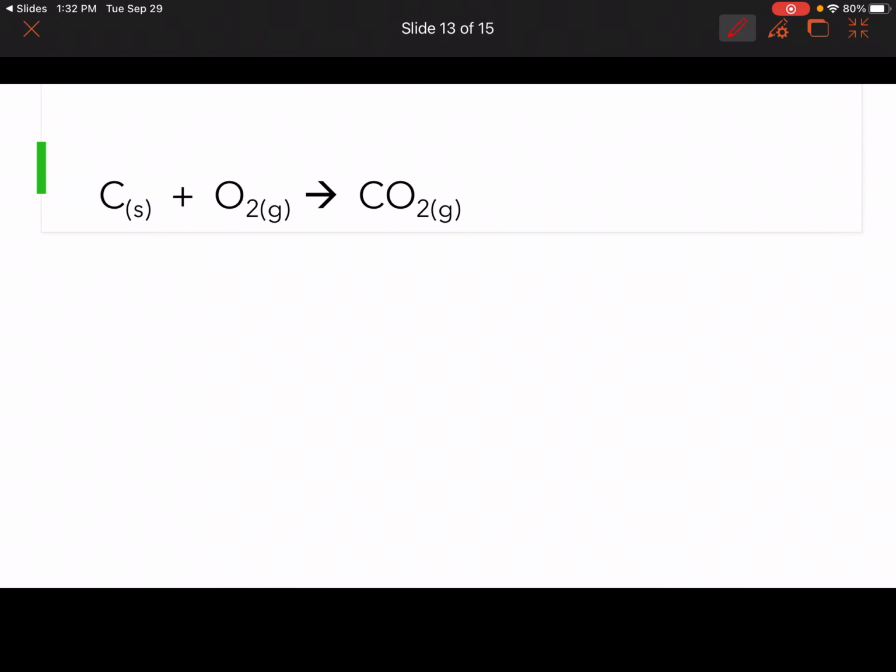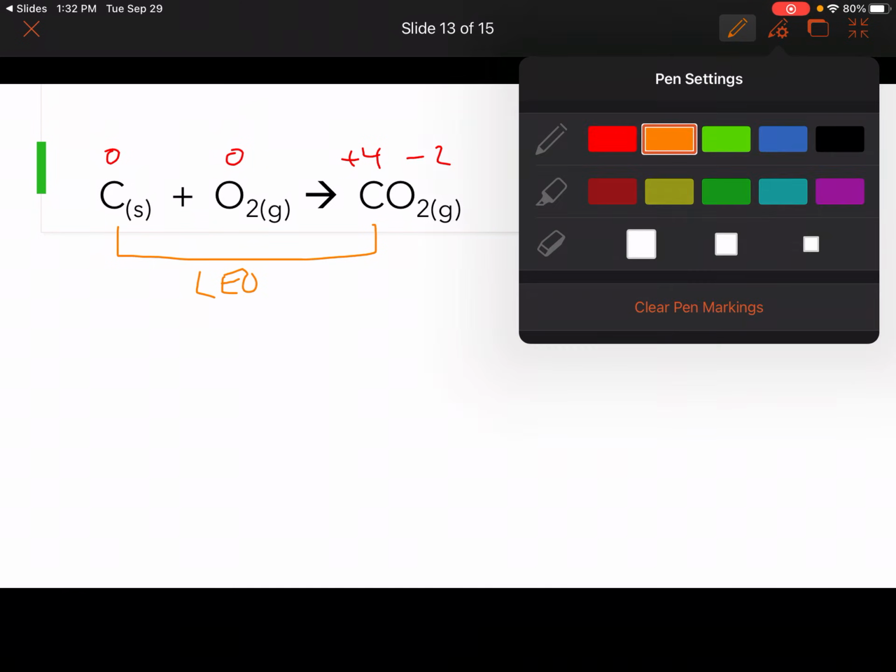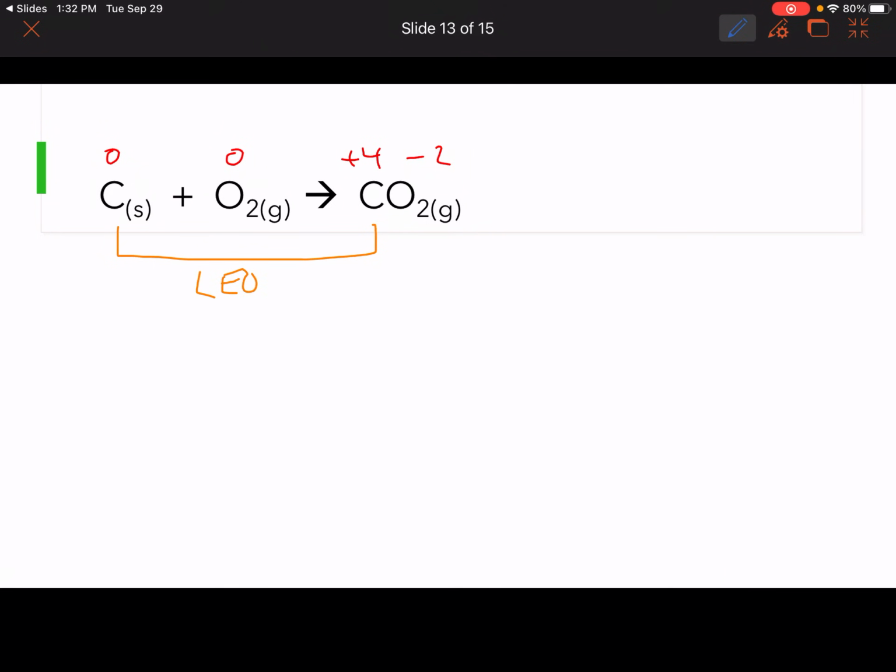Again, for the first step, identify oxidation numbers. So that's +4, 0, and 0. Okay, so looking at this one, carbon goes from 0 to +4, so that one lost the electrons, lost 4 electrons. And the oxygen went from 0 to -2, so this is my GER here. So again, what is oxidized?